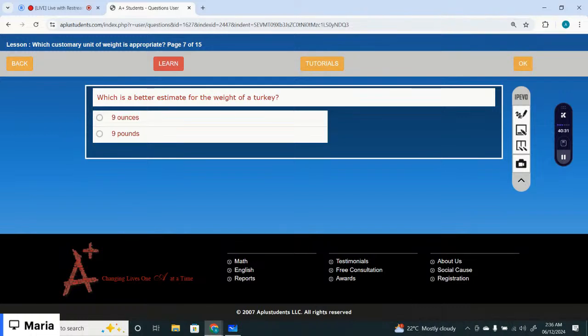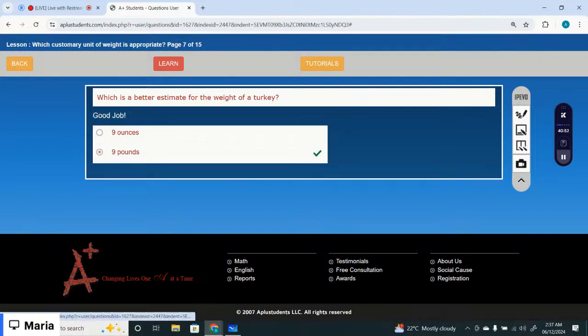Which is the better estimate for the weight of a turkey? Which is the correct option? That is 9 pounds.